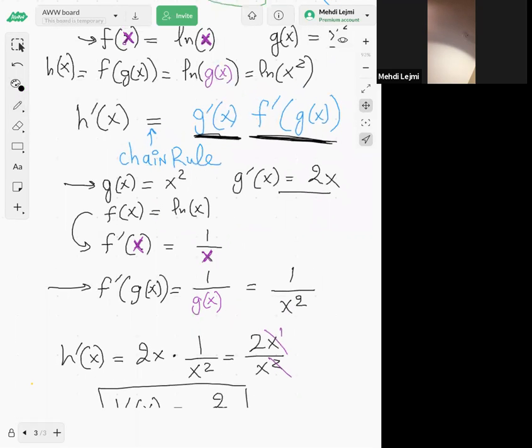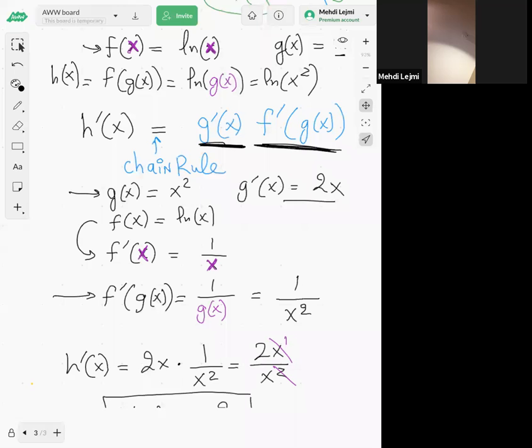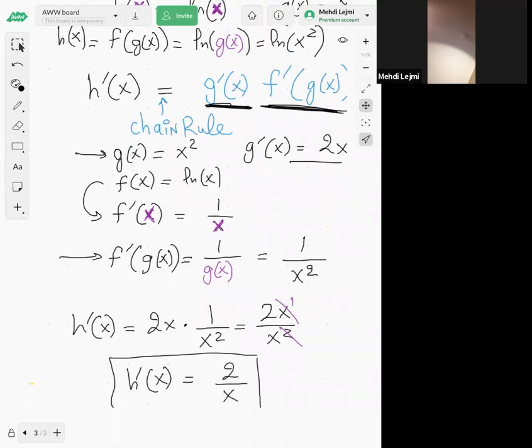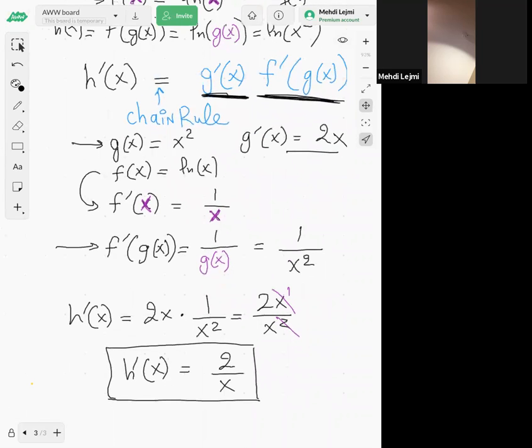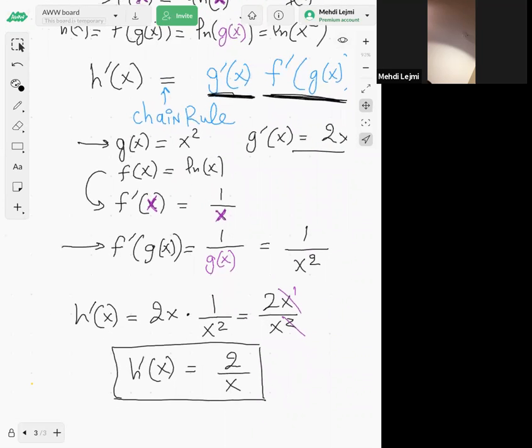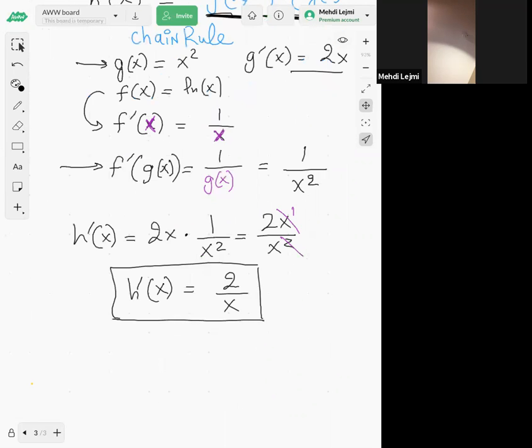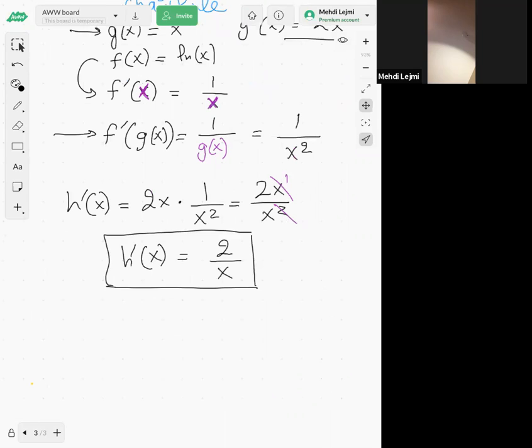So like what we did for exponential, we can deduce the following rule. So whenever you have natural log of some function, this is a corollary, a consequence of the chain rule.